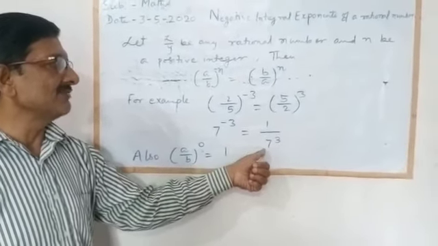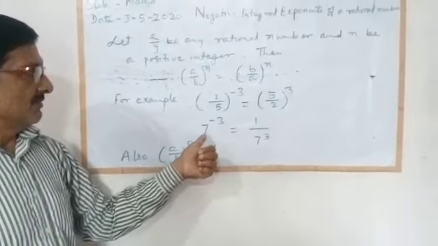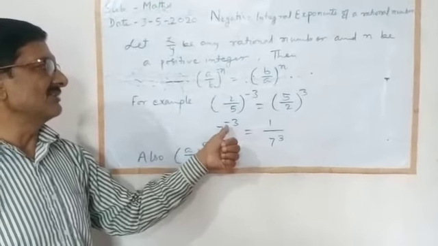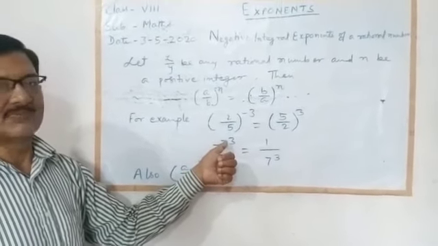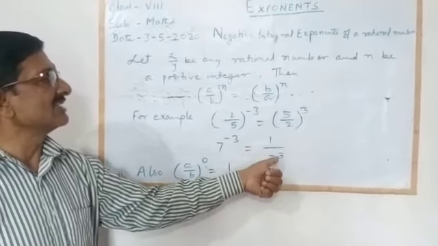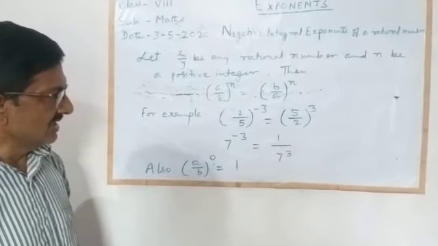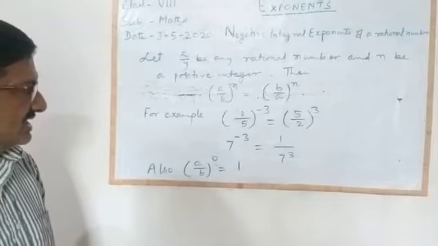So here we are just making its reciprocal, and in this way we can change the sign of the exponent. Here the sign of the exponent is positive. So in this way we can solve any question.